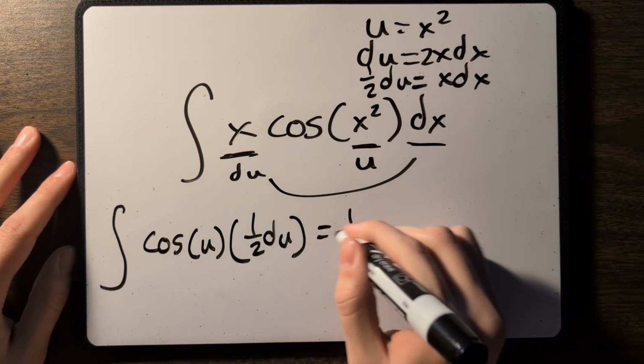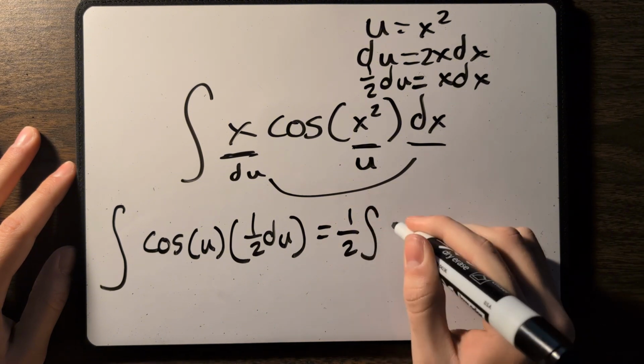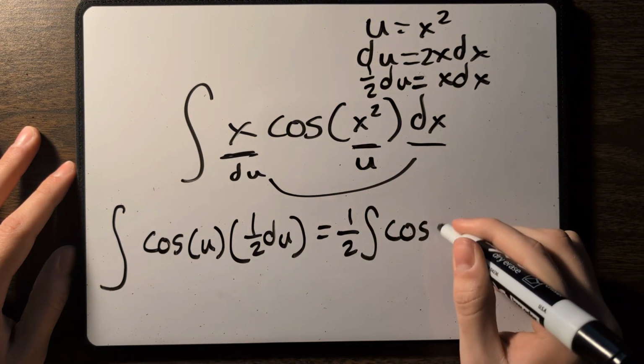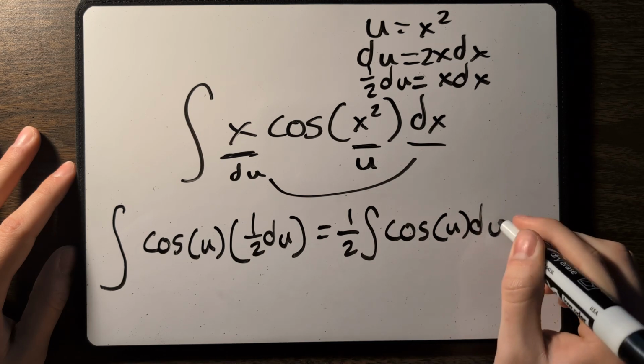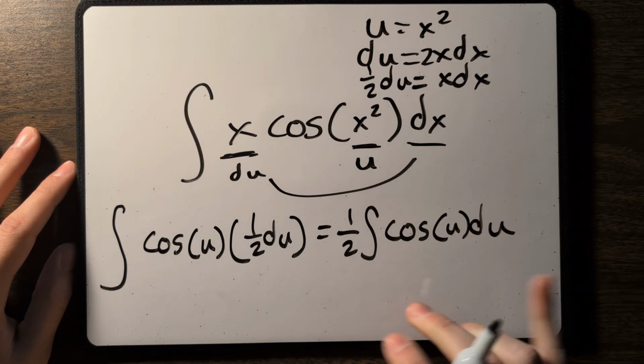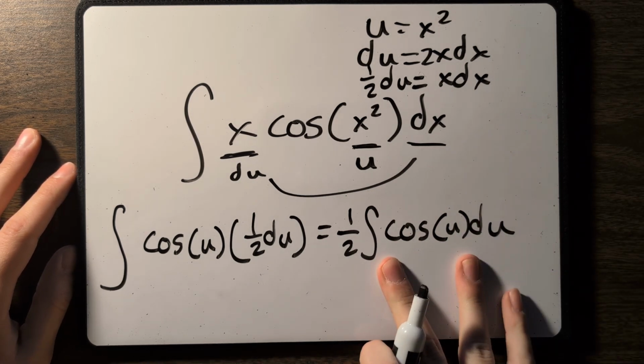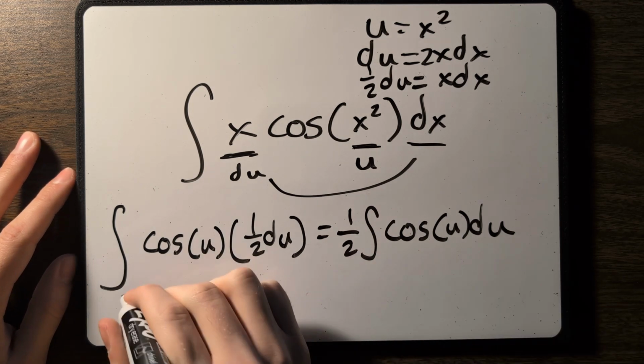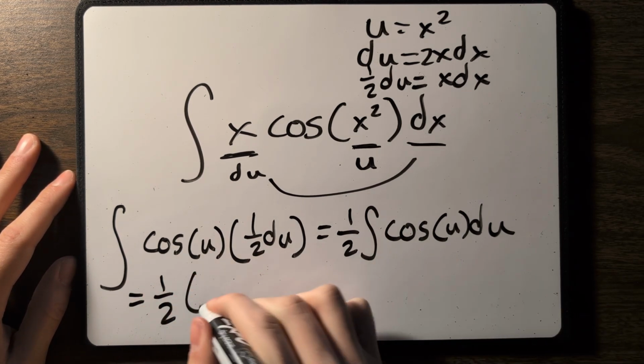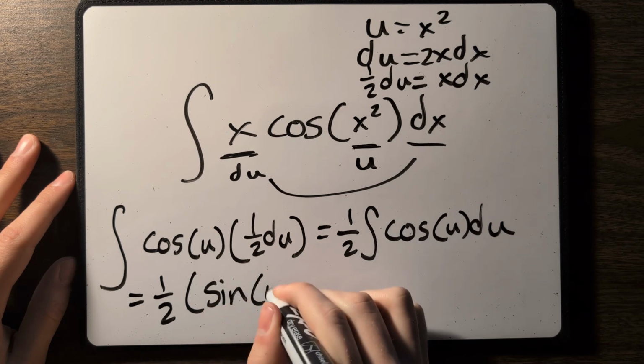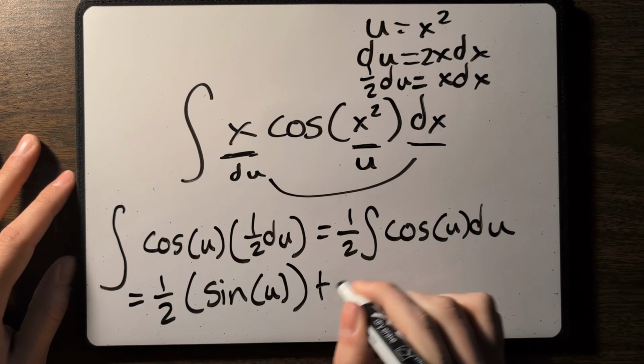All right, let's simplify. 1/2 cosine of u du. Now, the integral of cosine of u du is just sine of u plus c.